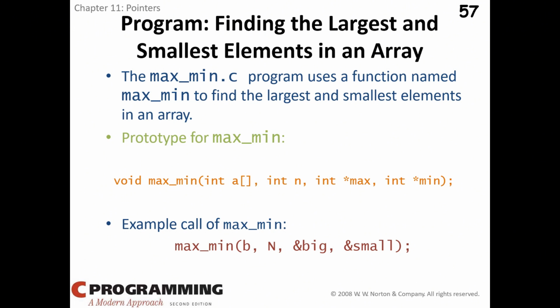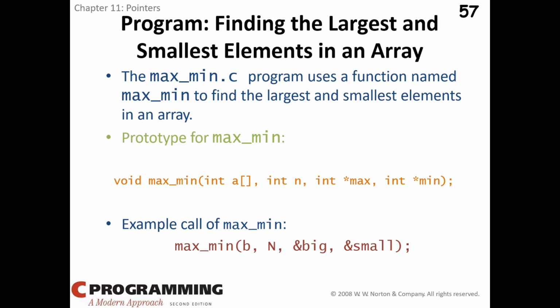The parameters, integer pointer max and pointer min, are pointers to integer variables, and these pointers will be used to store the addresses of the variables that will hold the maximum and minimum values found in the array. At the bottom of the slide we have an example of how we can call the max_min function.